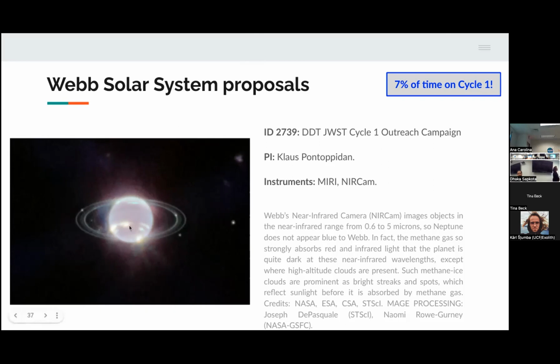And these bright spots and lines are due to clouds of methane ice that reflect the sunlight. Because of that, we see them so bright here. And we also have the rings of Neptune totally well defined.